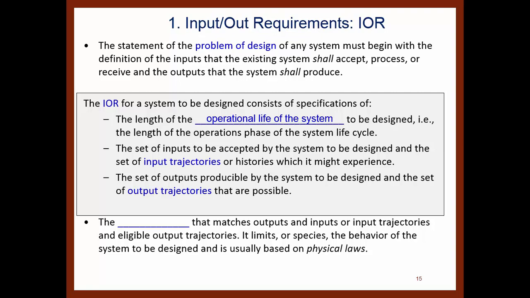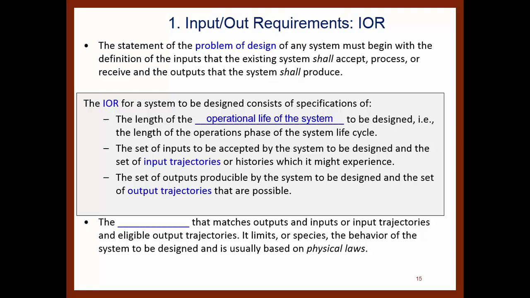Like if you're producing parts for an hour, let's say the first part arrives at time 0, the second part arrives at time 5, the third part arrives at time 10. So you know what will be the input trajectory for your line. You know that every 5 minutes a part is going to arrive to the manufacturing line, and you have to process that. So that's what we call an input trajectory.